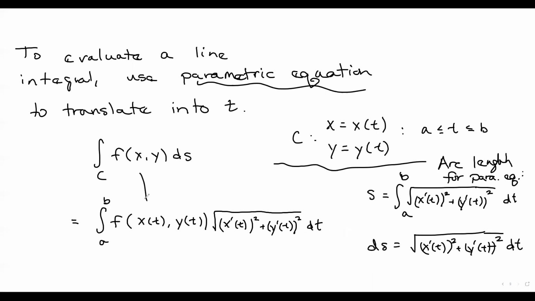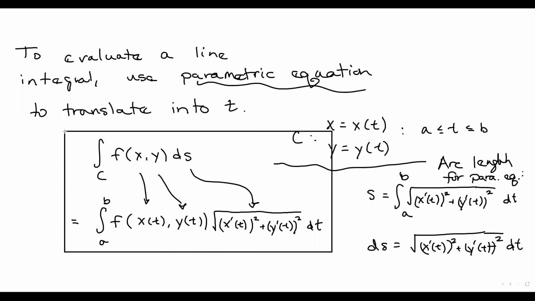The x becomes x of t, the y becomes y of t, the ds is translated into x prime of t's and y prime of t's, and then everything is in terms of t, and so we can grab the bounds in terms of t from our parametric equation and pop those in. And so this formula here is the key to evaluating line integrals. This is how you evaluate line integrals. You cannot evaluate line integrals directly in terms of the conceptual formula. You always need to translate over into this alternate form with t in it.